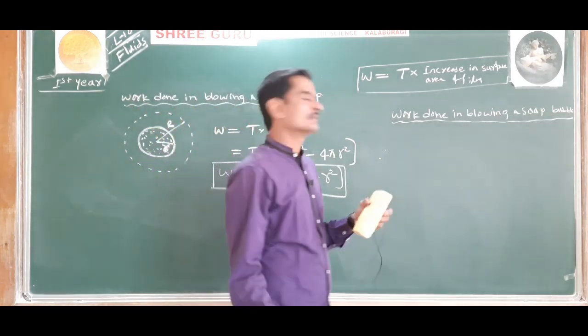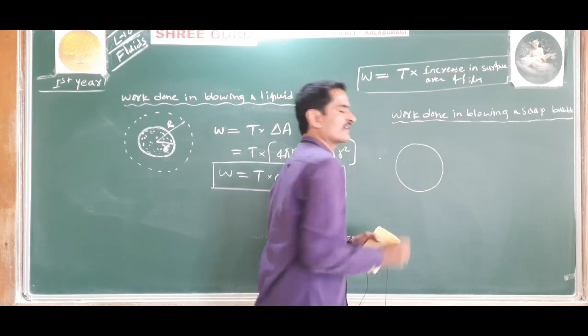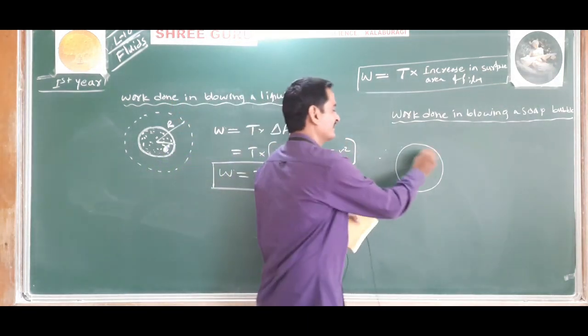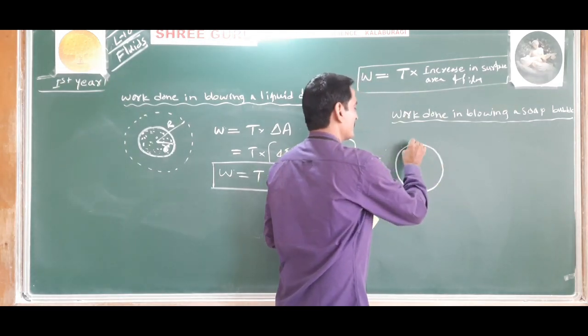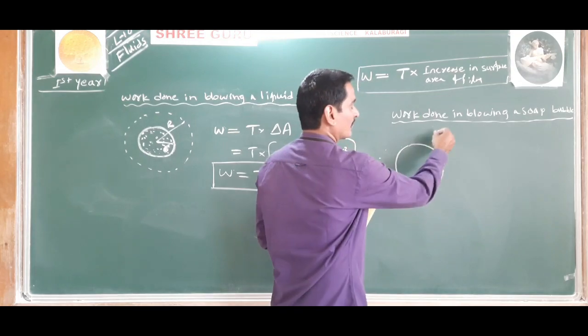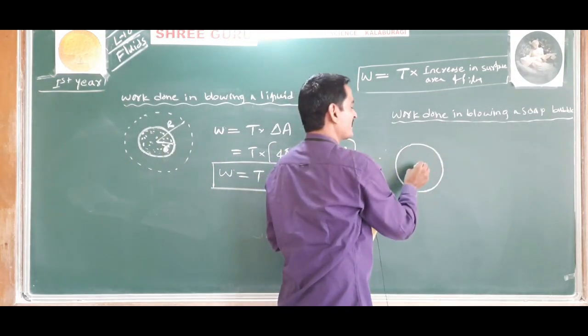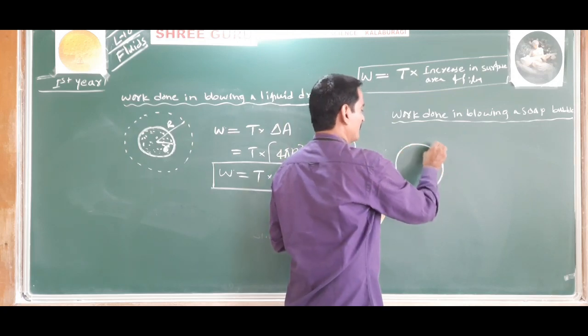That is a soap bubble. It is spherical in shape. Inside the soap bubble there will be only the air medium, and outside also the air medium. So here air medium, here also air medium, and this is the soap film.